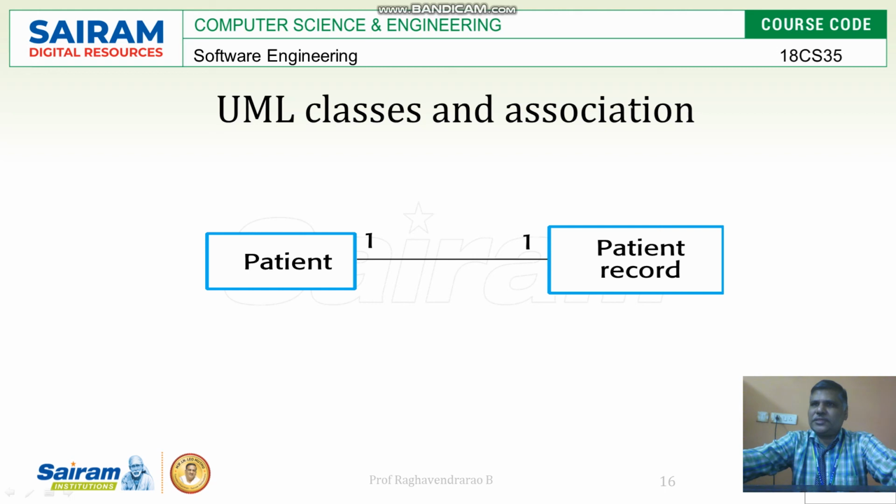These are the two classes, and association is the actions. One or more actions are going to be there, zero or more actions will be there. So whatever things it is going to get associated with. By seeing this one, you can understand that any patient is going to have his individual patient record system. One patient, one record, like that.